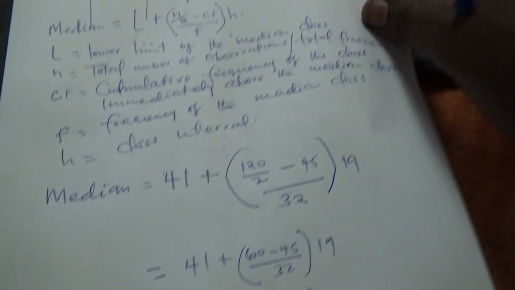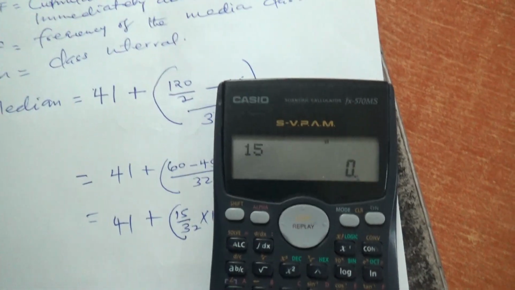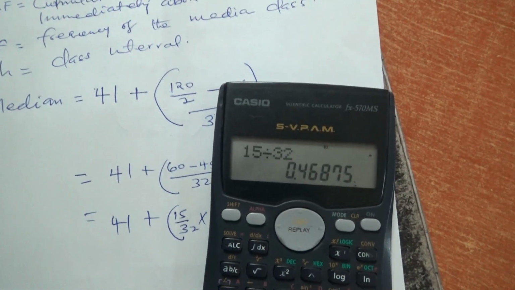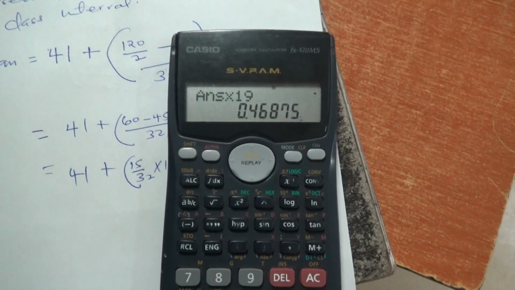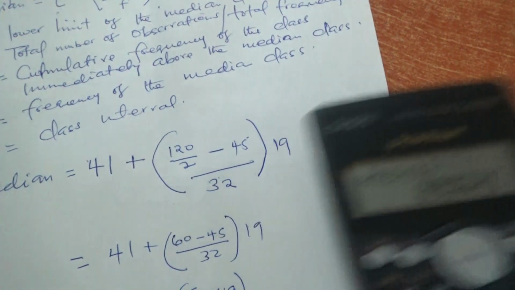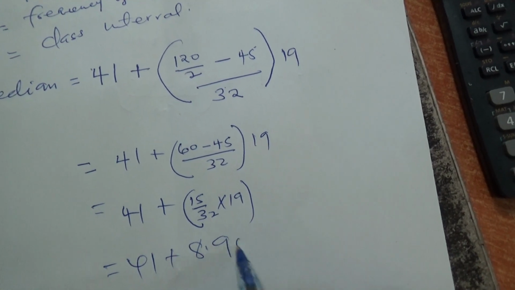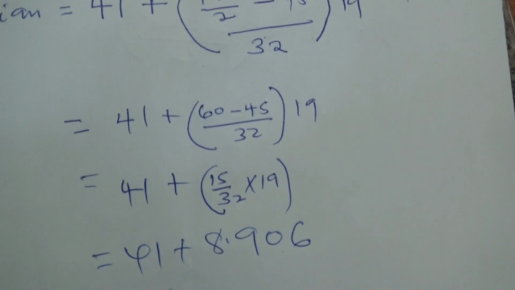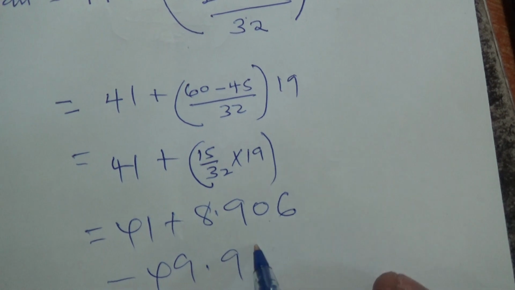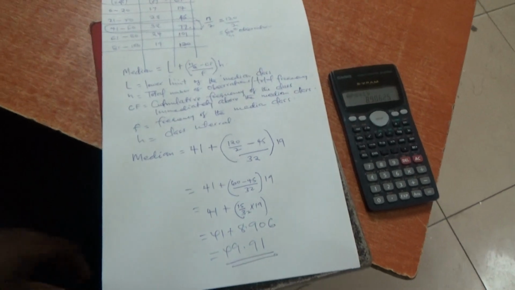Let me use my calculator. 15 divided by 32, times 19, is 8.906. So it is 41 plus 8.906, which is 49.91. So that is the value of the median.